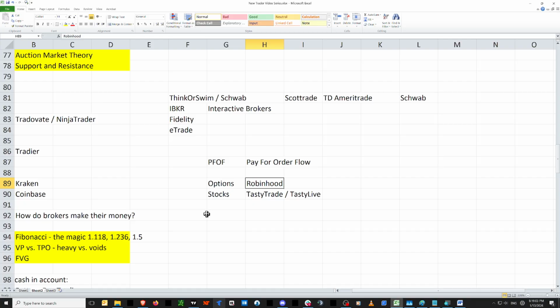Because let's say you're trying to close the option again. Let's say you went long in an option, in a call, and you got in at $1. You want to get out at $1.50. Robinhood wants it at $1.55. Now they're going to give you $1.50, but they're going to keep that 5 cents, right? Well, what if they can't get it at $1.55?